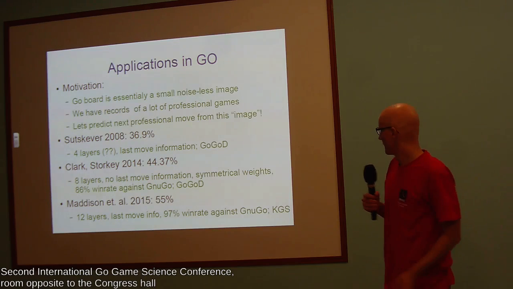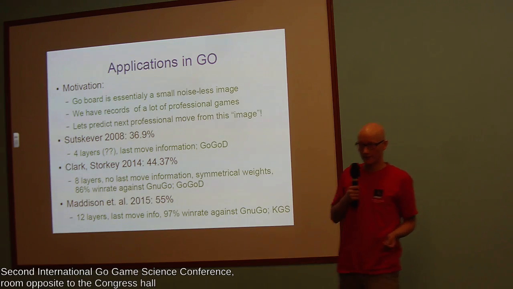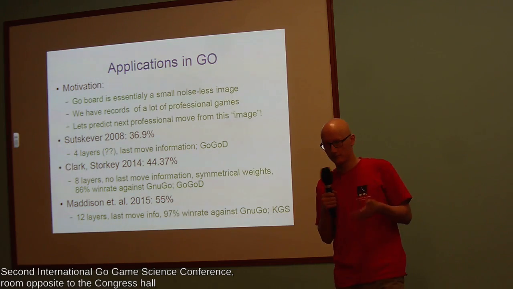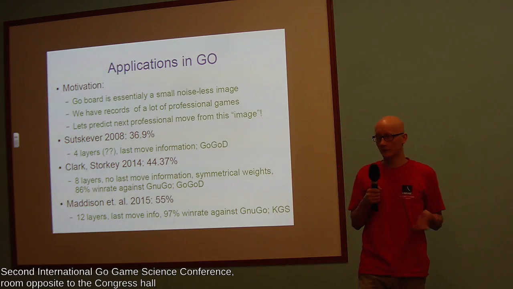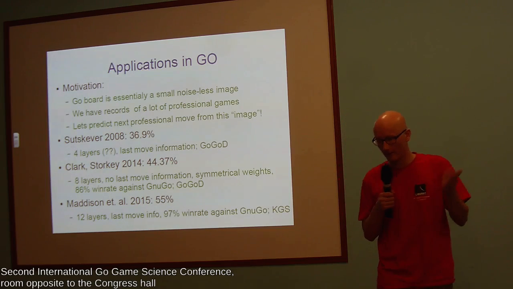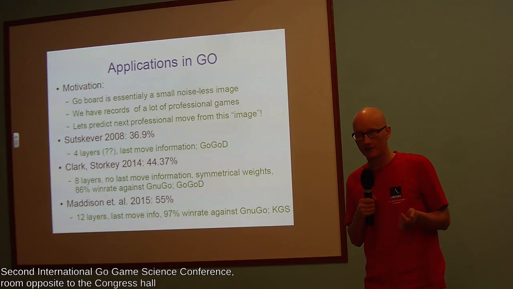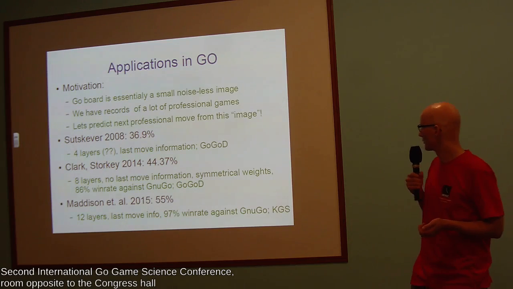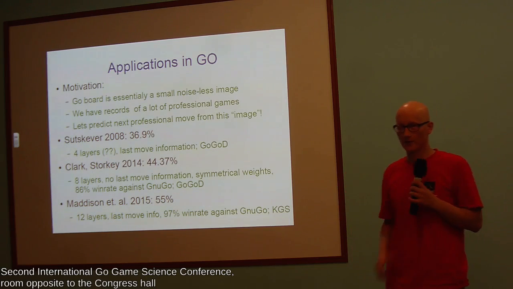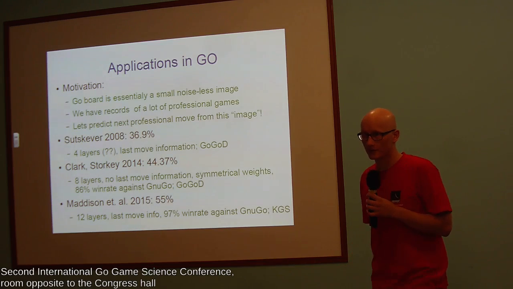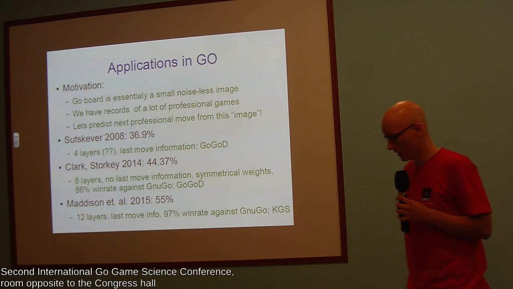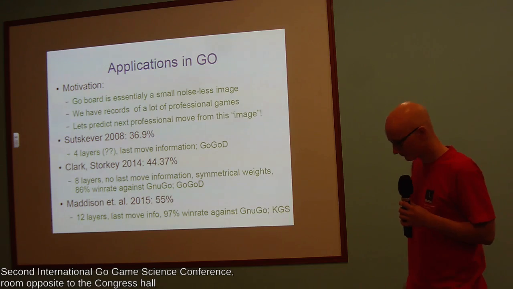Another good thing is that we have records of professional players from some 2,000 years, but from the 20th century alone, it makes something like 100,000 professional games. The GoGoD database, I think, has about 60,000 games. We also have online Go servers like KGS, which have plenty of games of strong players, so we have a lot of data, as I said.